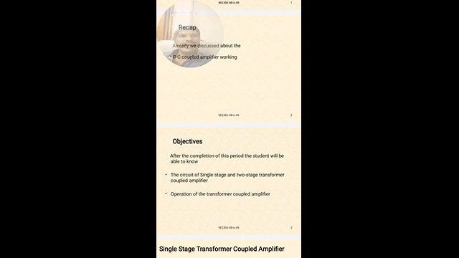Accordingly the amplifiers are classified into RC coupled amplifier, transformer coupled amplifier, and direct coupled amplifier. In the previous topic we studied the two-stage RC coupled amplifier.